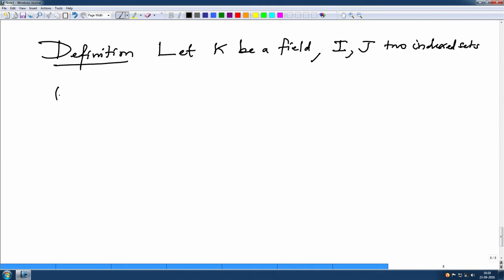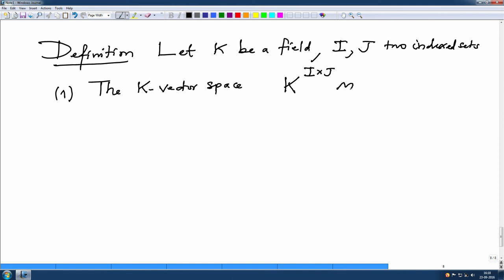Then the K vector space k power I cross J. We have seen k power any set is a vector space. In particular, k power this I cross J is a vector space.